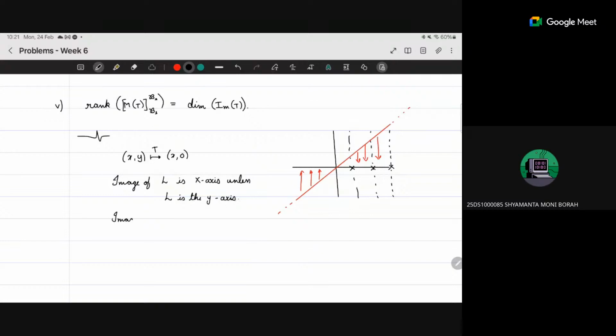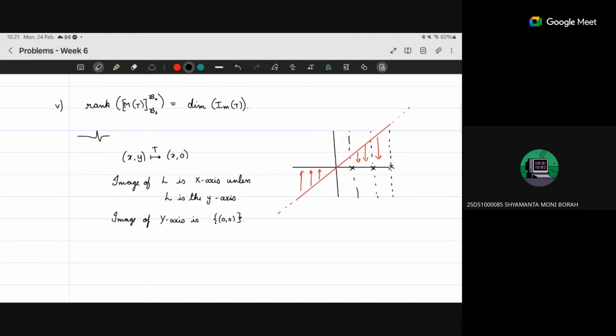And the image of the y-axis is (0, 0). So this is a special case. But what happens in general is that the image of a subspace is a subspace. For any linear transformation, the image of a subspace is a subspace. But the dimension can go down.